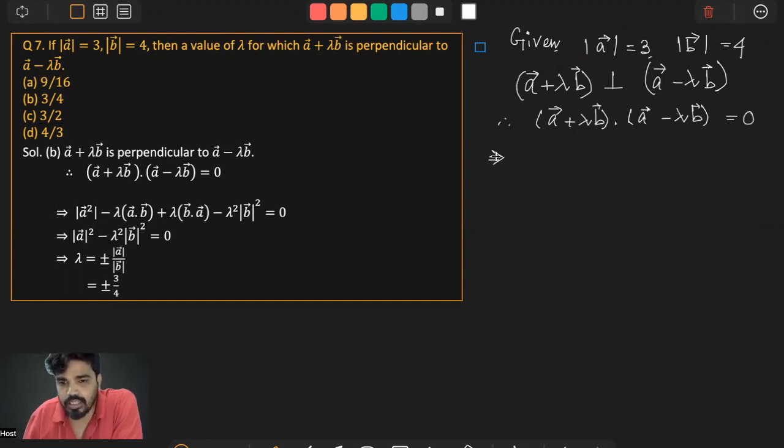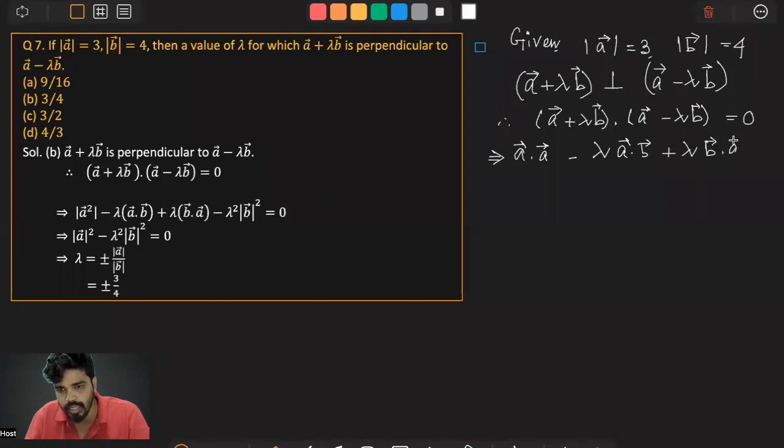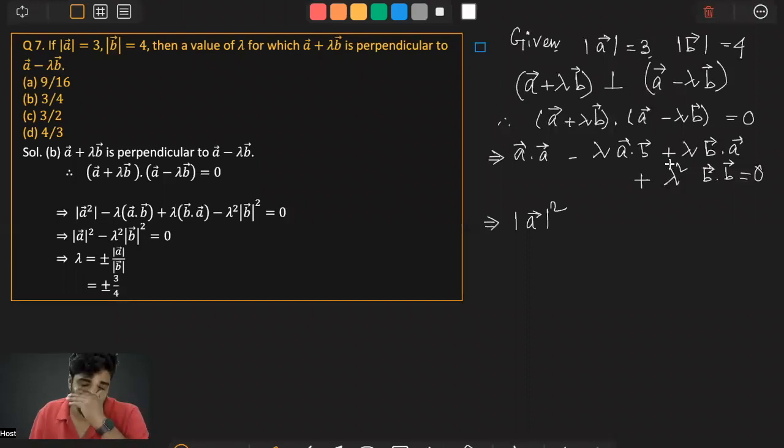So now just take the dot product: A dot A minus lambda A dot B plus lambda B dot A minus lambda square B dot B equals 0. A dot A is modulus A square. A dot B and B dot A are the same, dot product is commutative, so these cancel out.